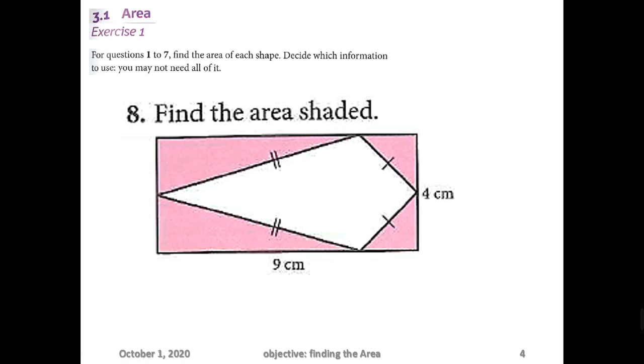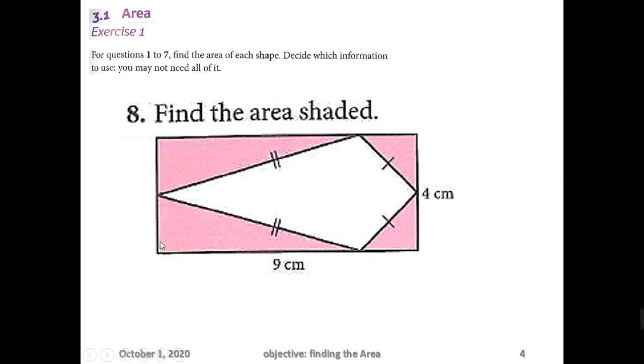To calculate the area of compound or composed shapes, we must find the area of each shape on its own. So you find the area of the rectangle, and then you find the area of the kite, and then you ask yourself, am I going to add the two areas together, or am I going to subtract the two areas?